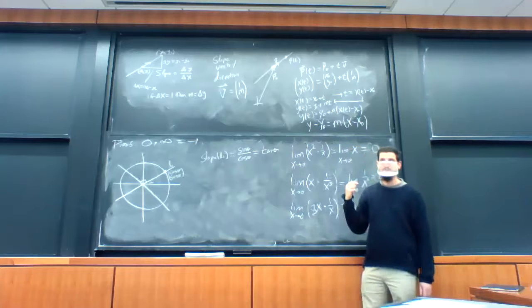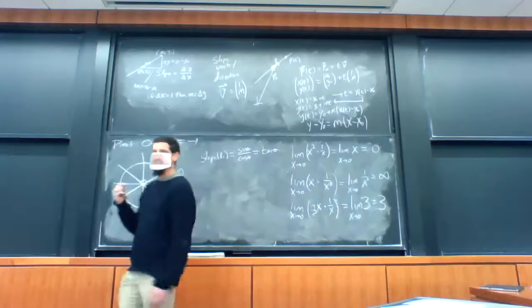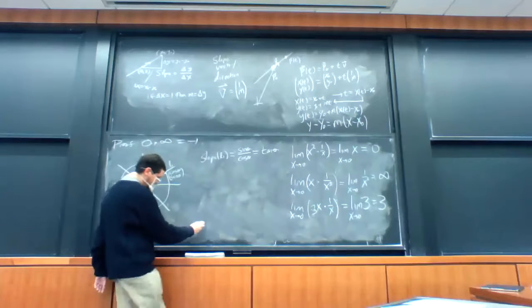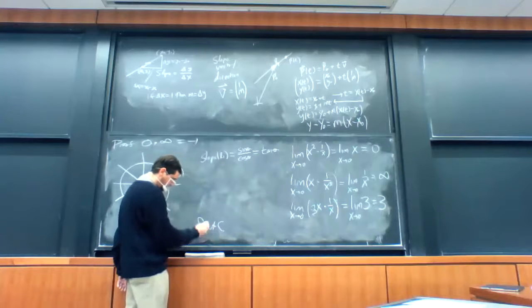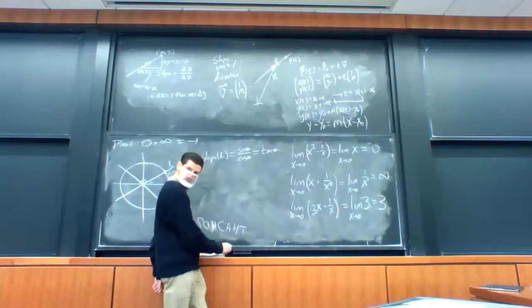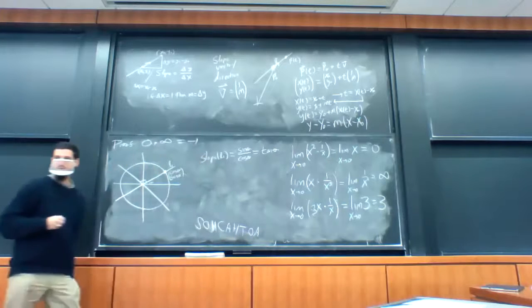If you've ever heard of SOH CAH TOA, that's a way to remember them. I always have to derive that, but sine is opposite over hypotenuse, cosine is adjacent over hypotenuse, and tangent is opposite over adjacent. SOH CAH TOA.